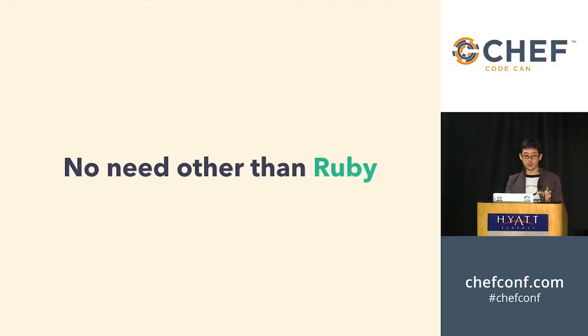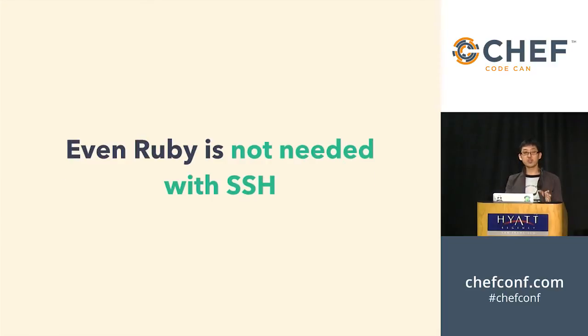And this is also important for ease of use. If you must install so much software to use Serverspec, you may quit using it. And you don't even need Ruby on the target machine if you run Serverspec remotely. This also helps ease of use.